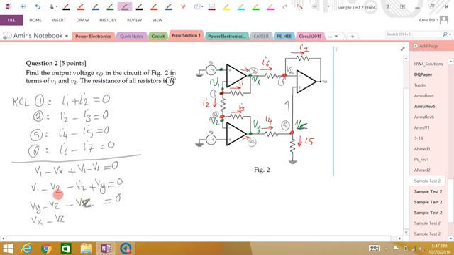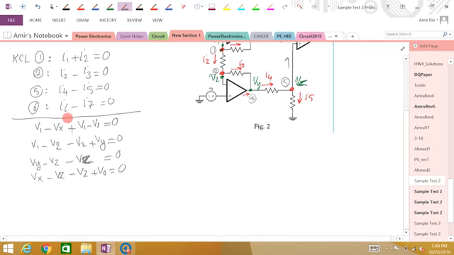So I6 is Vx minus Vz here. And I7 is Vz minus V0 over R, Vz minus V0, minus Vz plus V0 because of this negative sign. So we have 4 equations here.